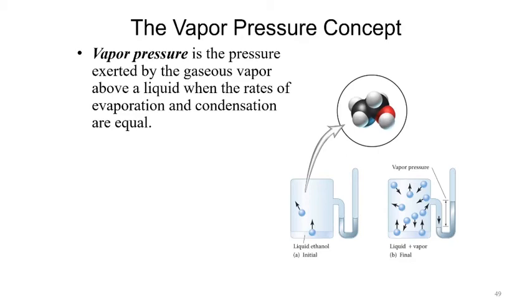So if I have a really big vapor pressure, that means that liquid is transitioning to the gas to a large extent. Okay? As we change temperature, would we expect the vapor pressure to change? Well, 1 degree water is almost a solid. 99 degree water is almost a gas.